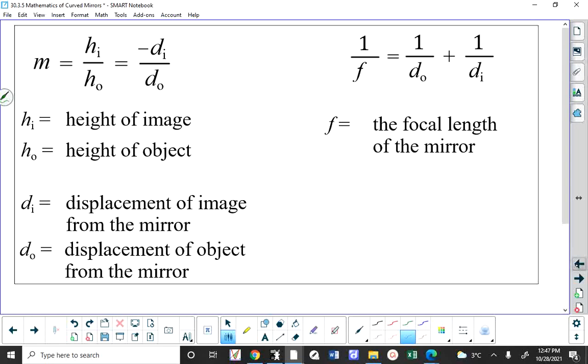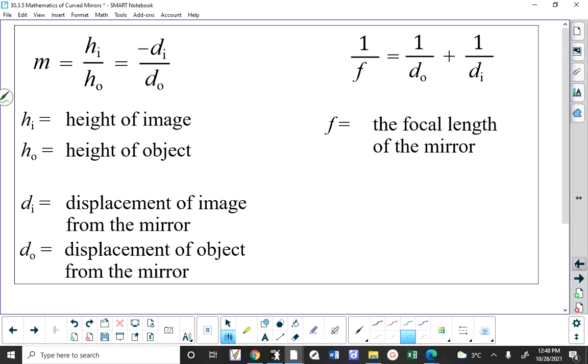Then we have this formula on the right-hand side, and this is unlike any formula you've ever used in high school science at any level. It's got reciprocals everywhere, which is really weird to rearrange. But it says the reciprocal of the focal length. So what's the focal length? How far from the mirror to the focal point? It's the reciprocal of the focal length equals the reciprocal of the displacement of the image plus the reciprocal of the displacement of the object.